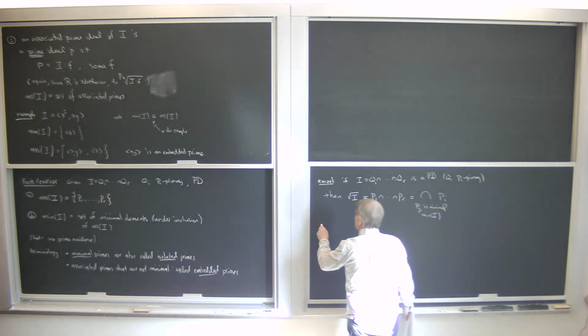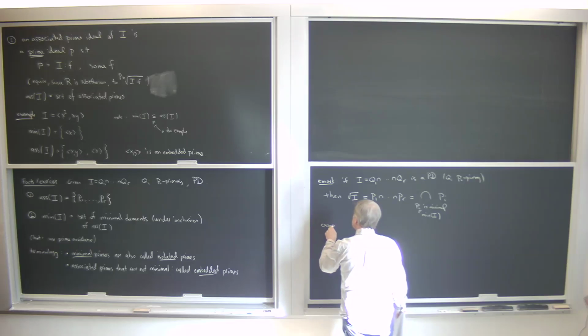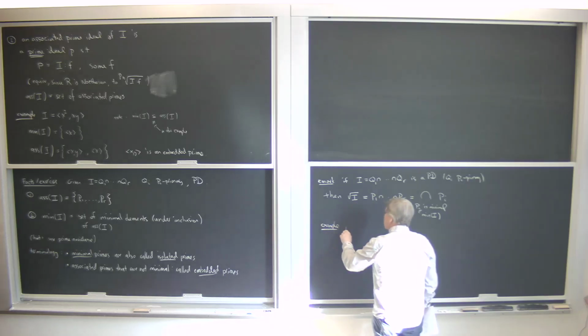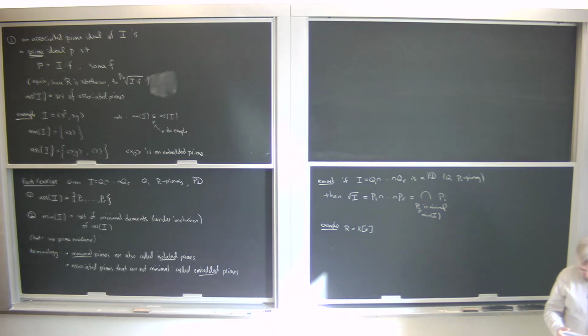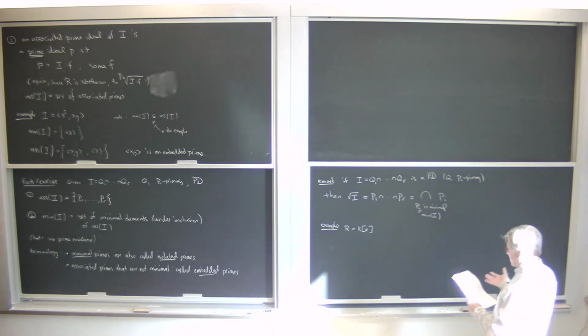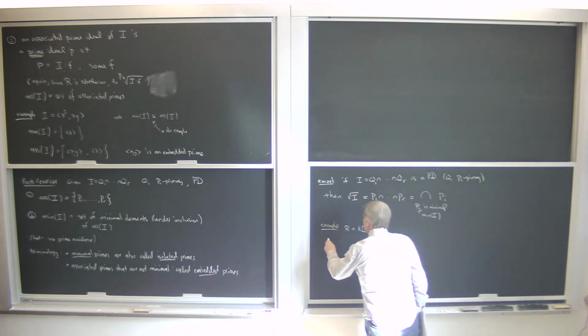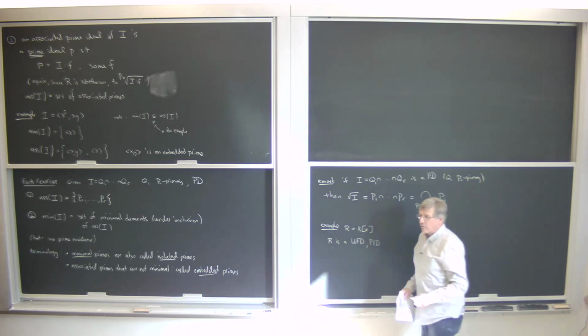Let's do a very simple example first. So let's say R is equal to K of X. This you might think is funny, and actually it is kind of. So R is a UFD and a principal ideal domain. It's got everything nice going for it.